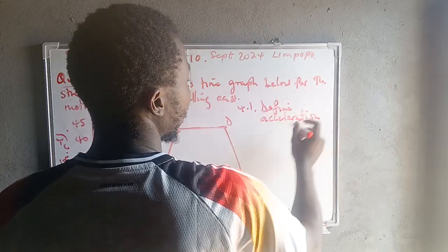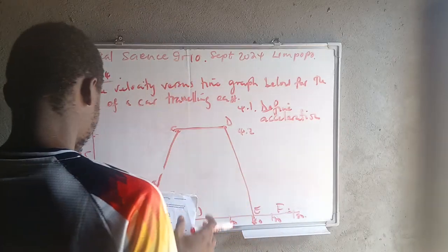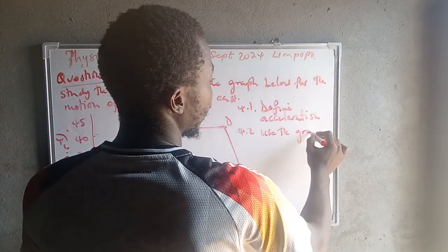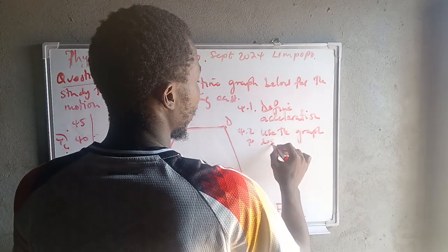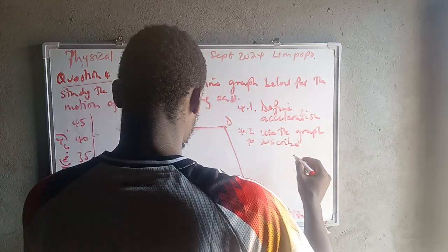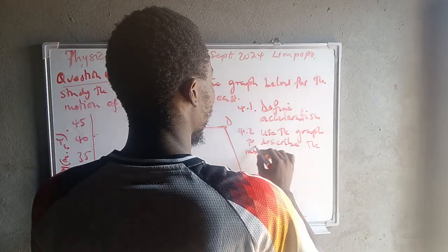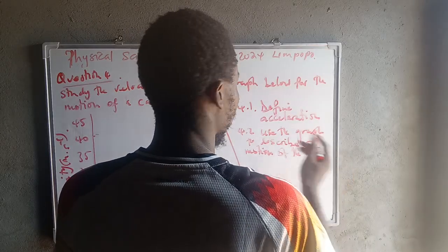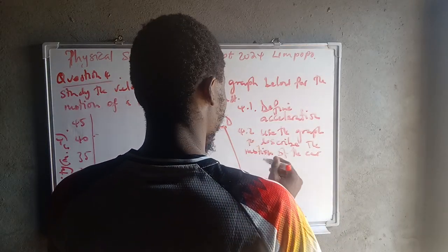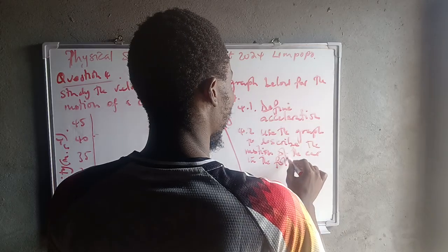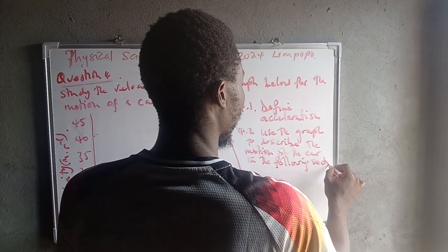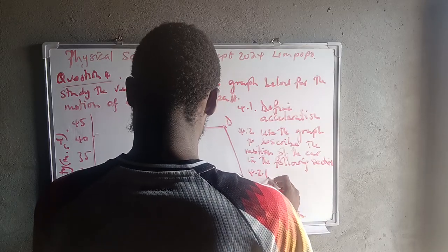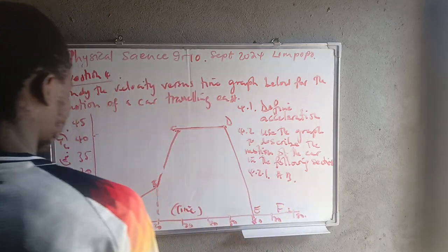Question 4.1 says define acceleration. Then 4.2 says use the graph to describe the motion of the car in the following sections. 4.21, AB, we want to describe the velocity AB.